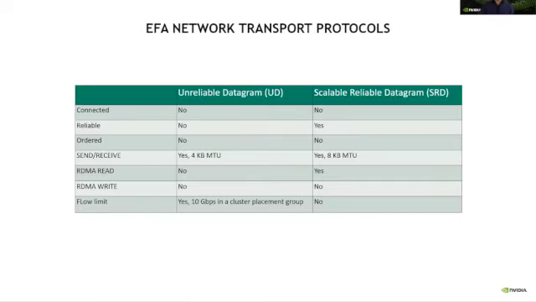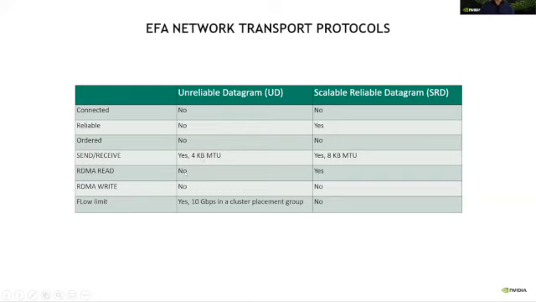Currently, EFA provides two transport protocols that represent two different communication modes that you can use with EFA: unreliable datagram, or UD, and the scalable reliable datagram, or SRD. UD is very similar to UD from InfiniBand. It is connectionless, unreliable, without any ordering guarantees. It supports send-receive semantics with a 4 kilobyte MTU.